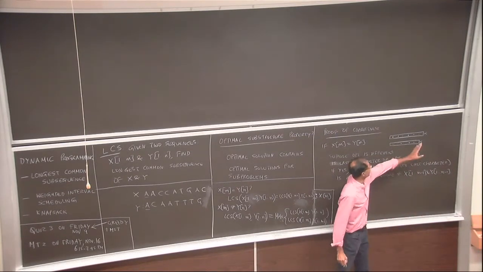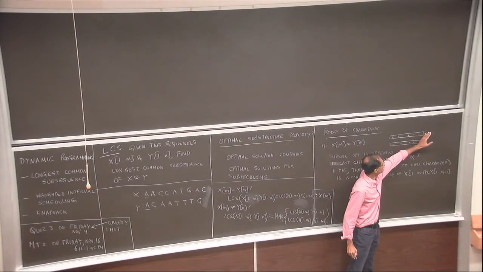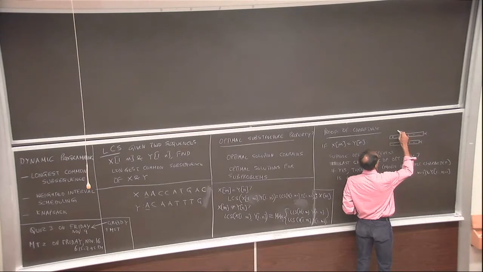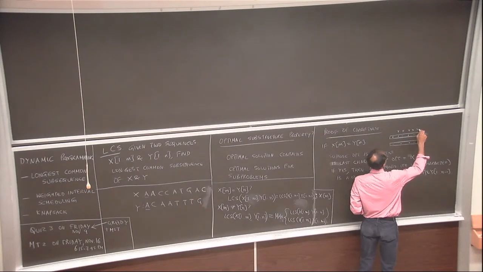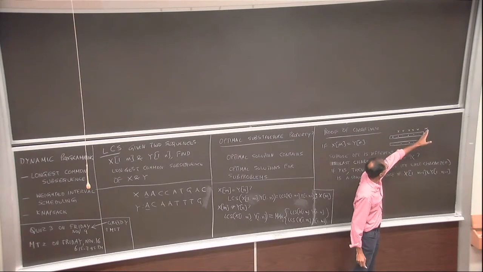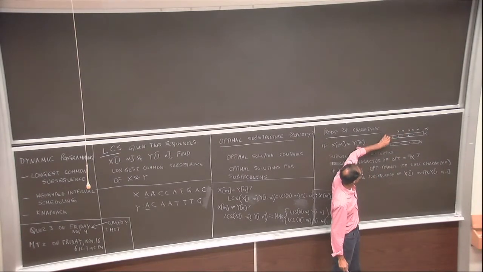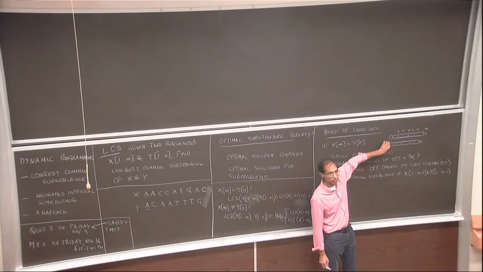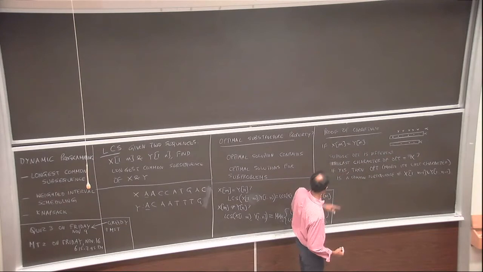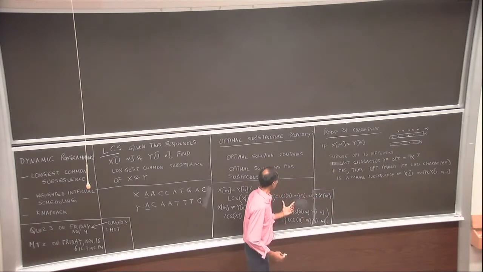Right? If it does include alpha, then OPT looks like some bunch of characters followed by alpha. So if that does include alpha, then when you take out the alpha, whatever remains has to be in here and in here. So it's a common subsequence of these two, while we are picking the LCS of x 1 through m minus 1 and y 1 through n minus 1.